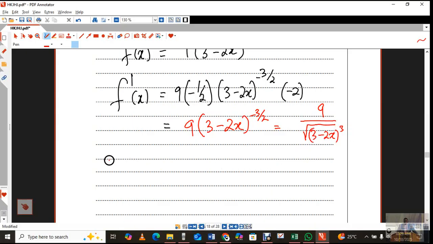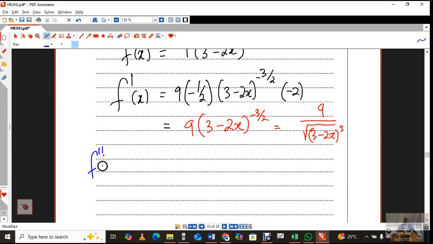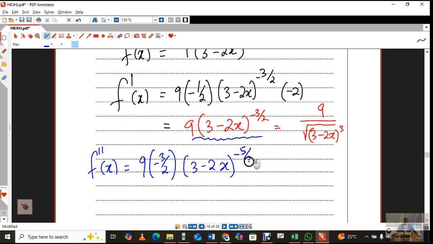If I have to find the second derivative, I'll rather use this one over here. Again, it's 9 times negative 3 over 2 multiplied by the same thing remaining, and I'm going to take 1 away from the power, that is negative 3 over 2 minus 1, negative 5 halves. And you're going to multiply that with the derivative of the inside again, which is negative 2.